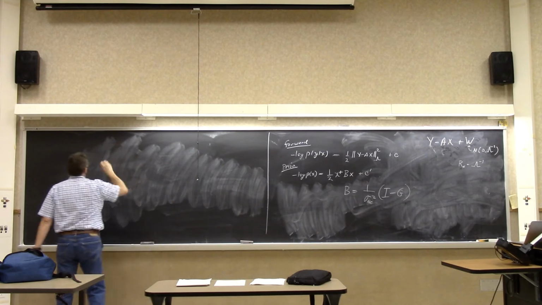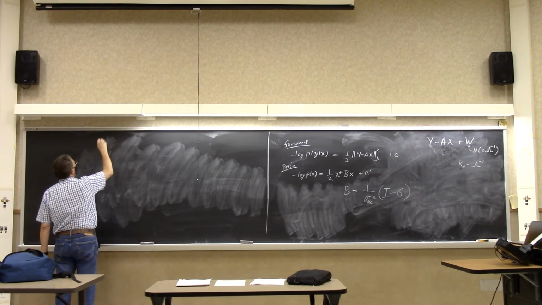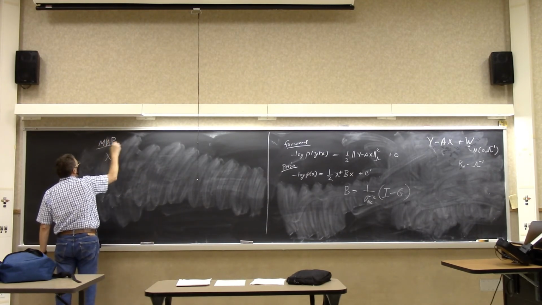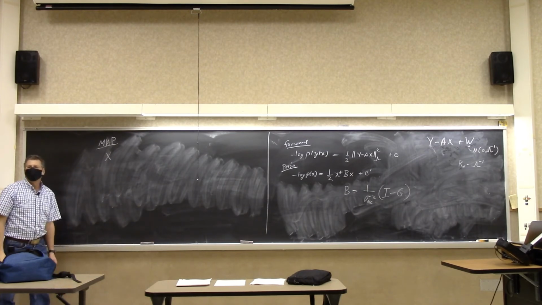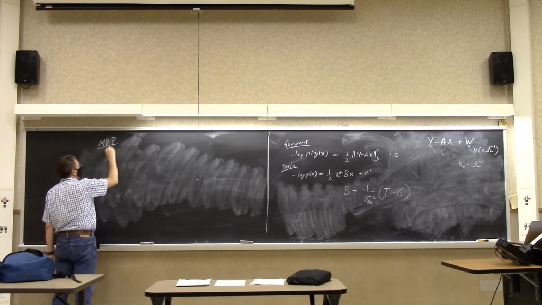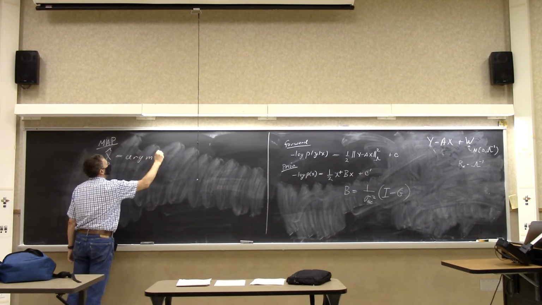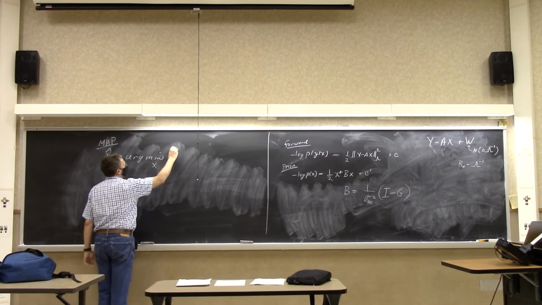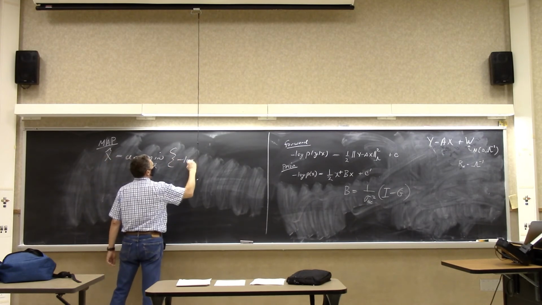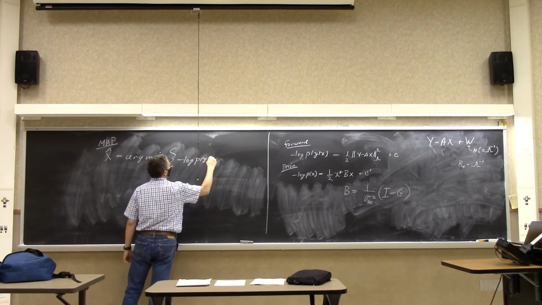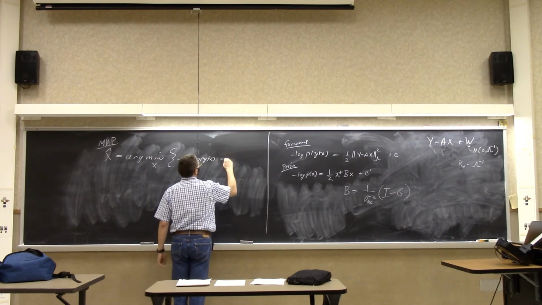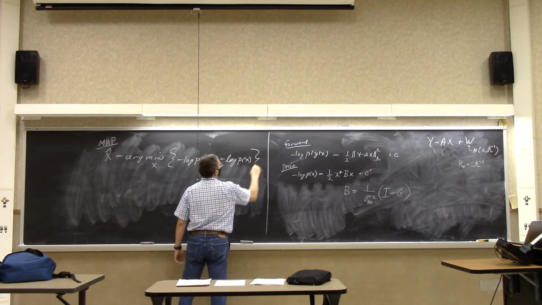Now, if I compute the MAP estimate, what does MAP stand for? Yes. That's equal to the arg min over x of the negative log of p of y given x minus the log of p of x, right?